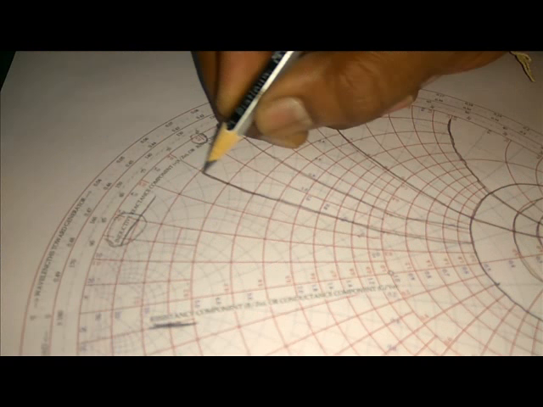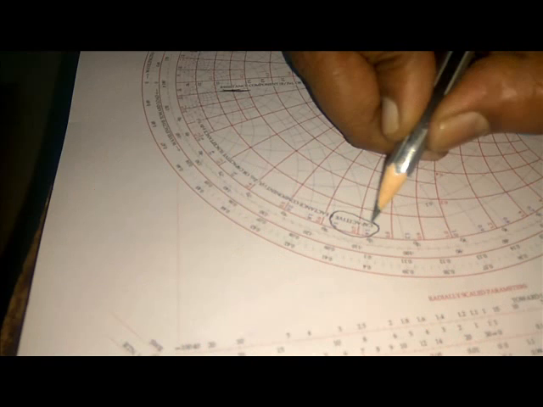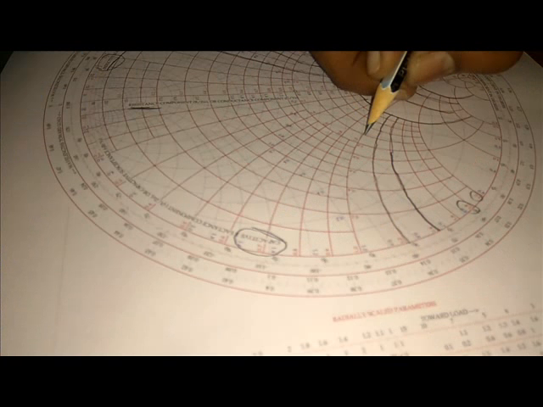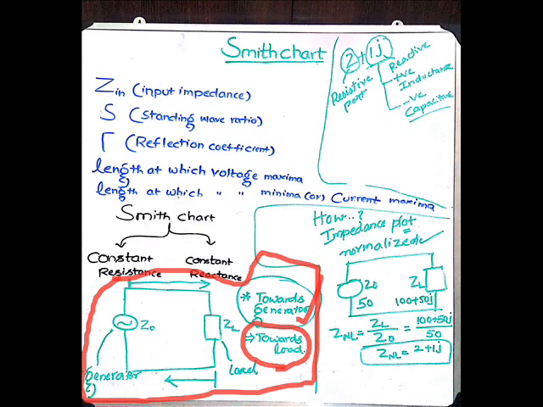If we observe, there is something here. These are also circles. Even on the downside also, these circles are called constant reactance circles. We have identified Smith chart has two things: one is constant resistance and the other is constant reactance.